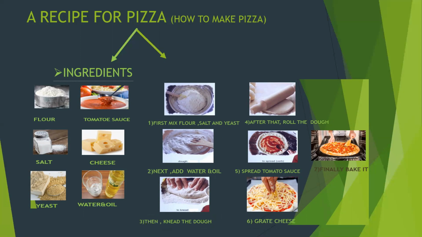Yes, it is. A set of steps telling you how to prepare pizza. How can we call it? Processes. Now, get back to the main title, a recipe for pizza. A recipe. What is it? It's the combination of ingredients and processes.